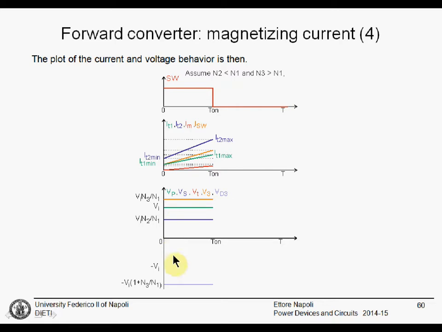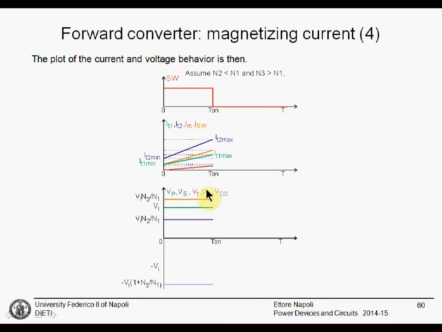For the voltages, the primary voltage is Vi. The secondary voltage will be smaller than Vi, since N2 is smaller than N1. This is the blue curve. The primary voltage is the green plot. For the transistor voltage, it is not shown here, but we assume, let's say, almost 0. We are assuming ideal components, almost 0 voltage.